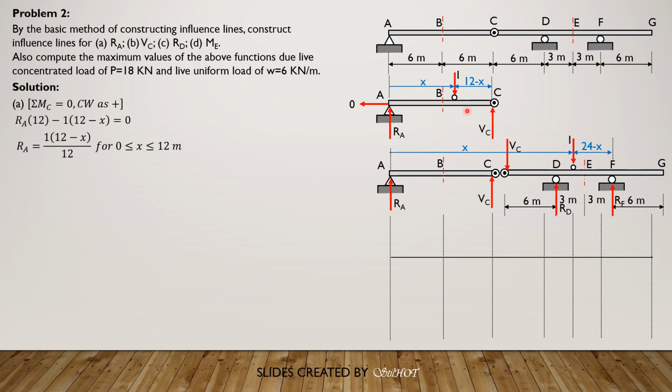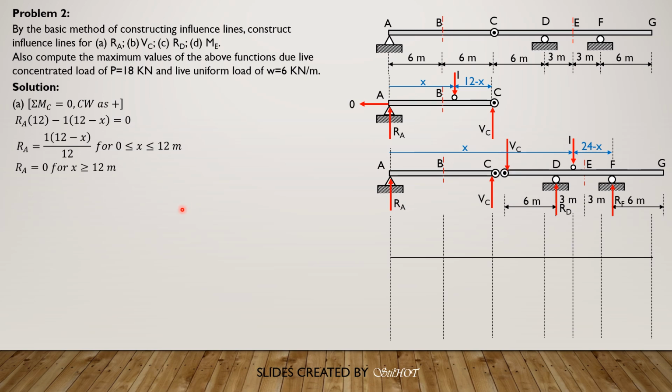Then when the unit load is beyond 12 meters, it is now here. If we sum up moment about C with the unit load on portion CG, then RA times 12 equals nothing. So therefore RA is 0 when X is greater than or equal to 12.